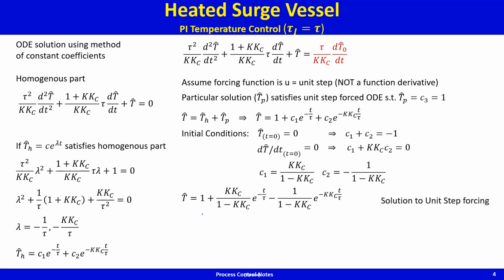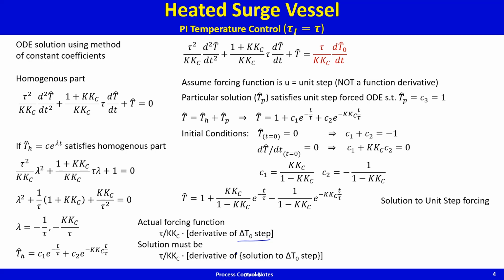Now this is the solution to unit step forcing. The actual forcing is the derivative of the delta T naught step. So the actual forcing function is tau by kkc times the derivative of the delta T naught step, and therefore the actual solution must be tau by kkc times the derivative of the solution for the delta T naught step, where delta T naught is a step.